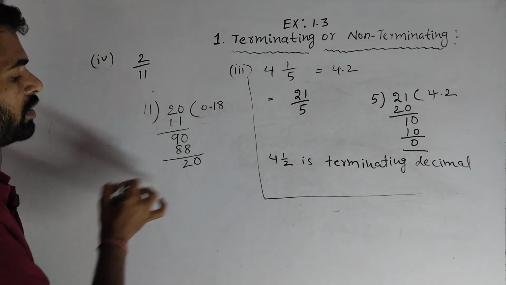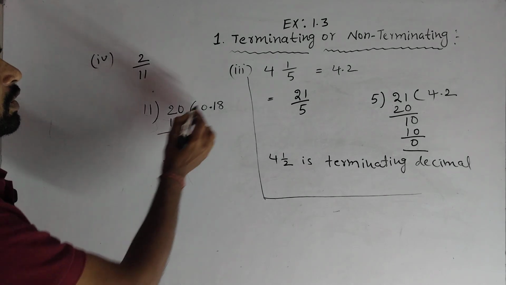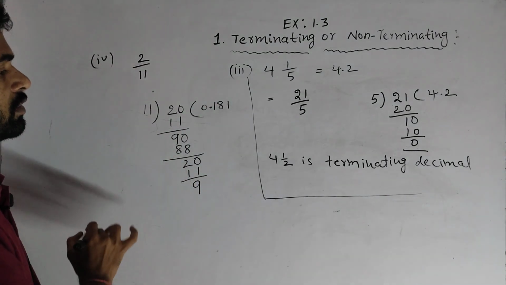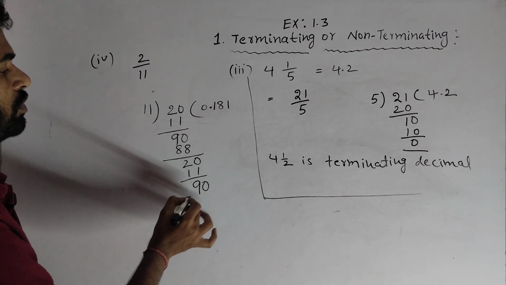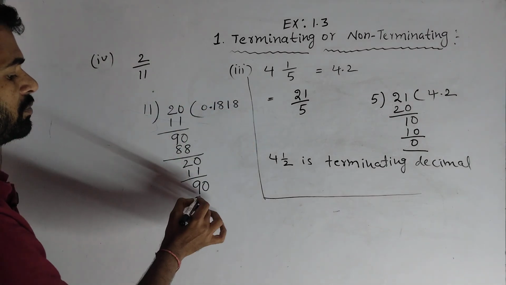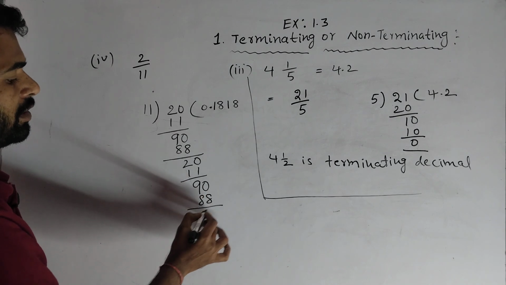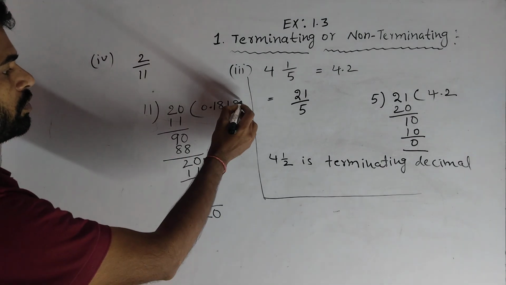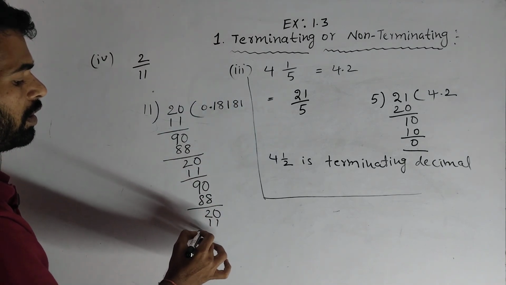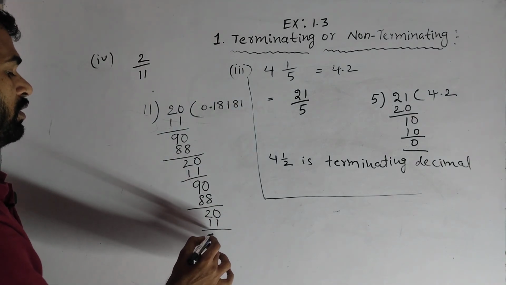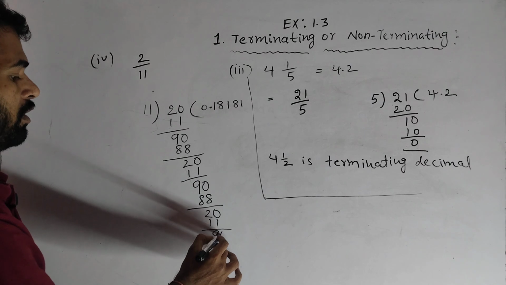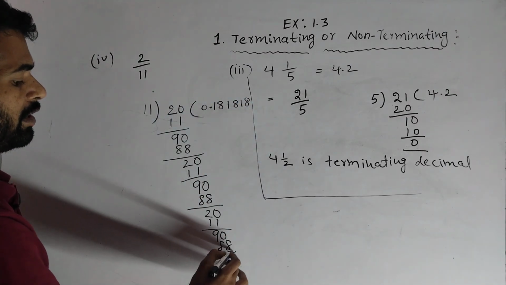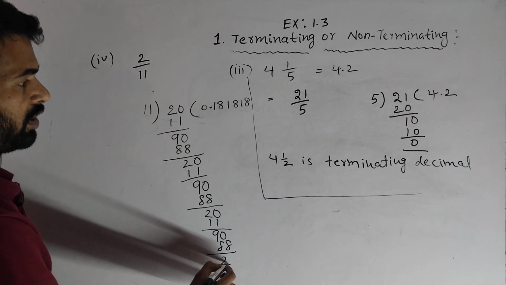Again I take 0, 11 one time 11, so again I am getting 9. Taking 0, 11 8s are 88, so 2 again.